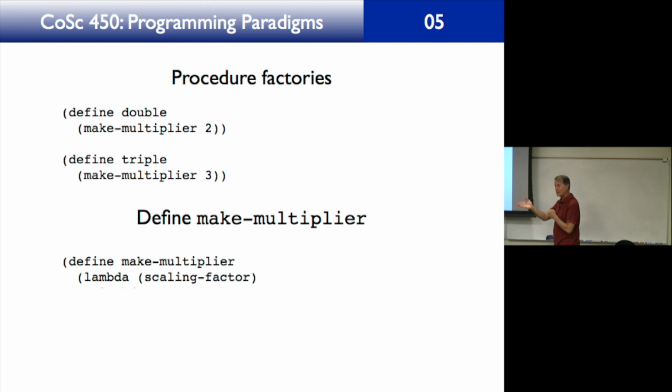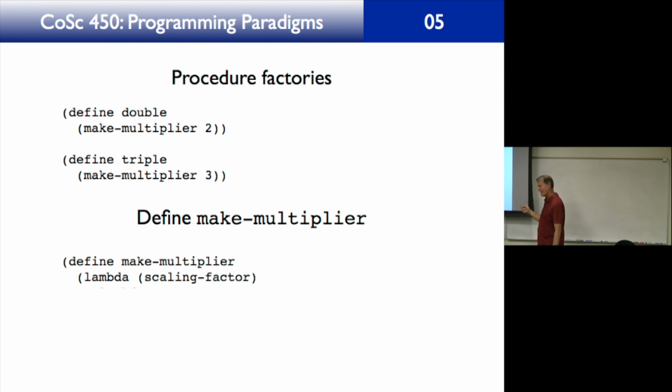Yes. Now, why did you hear that? The next line is going to be another lambda. And it's going to be lambda what? What does it have to return? Yeah, but what is the function going to do? It's going to multiply by scaling factor.